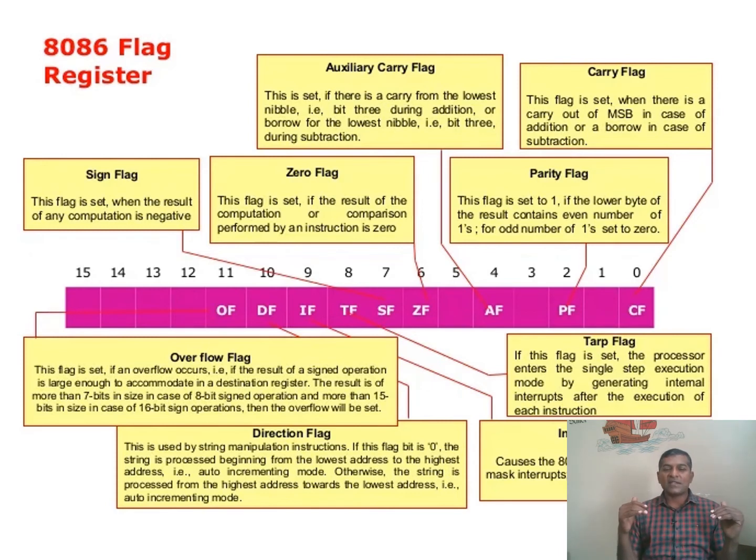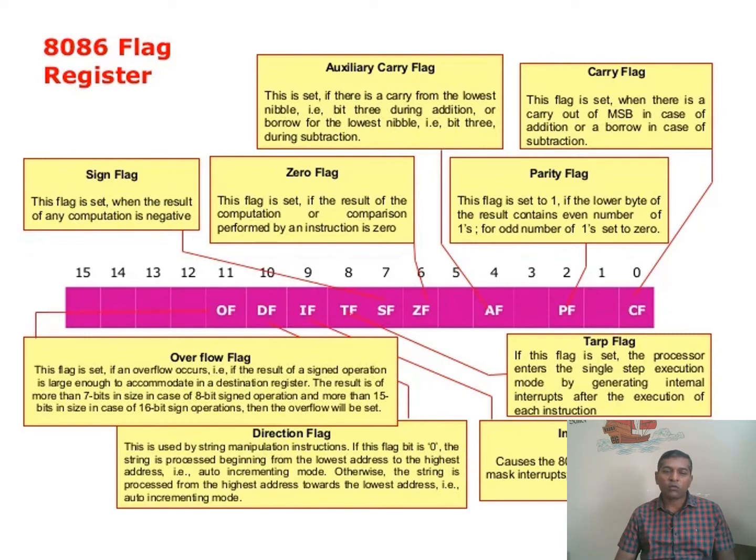During that, if we set this direction flag on, then it will work in a reverse direction, from the highest address to the lower address. But if this flag is 0, then it auto increments from lower to higher, and data will be copied from one location to another location.